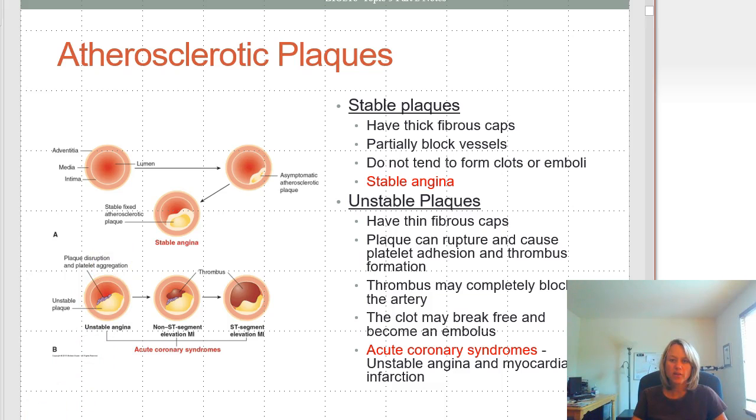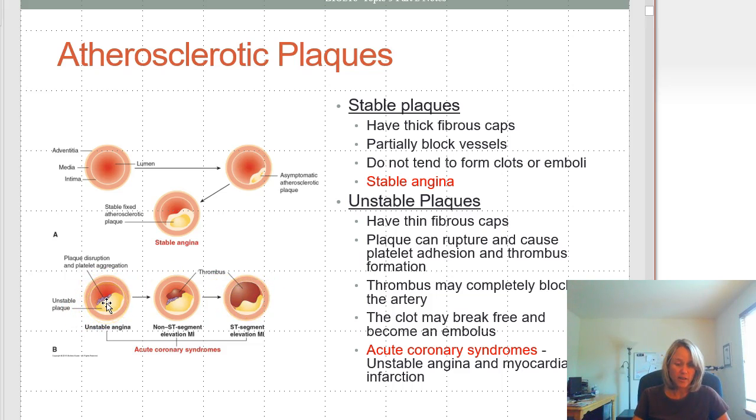Unstable plaques, on the other hand, have thin fibrous caps. And then if they rupture, that can cause sudden platelet adhesion, aggregation, and the formation of a blood clot or thrombus. So these would result in the acute coronary syndromes, kind of going from most mild to most severe here.